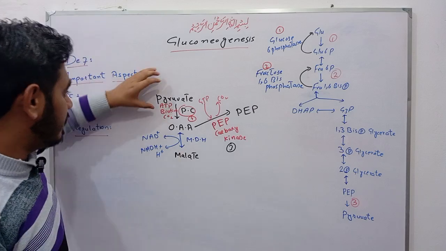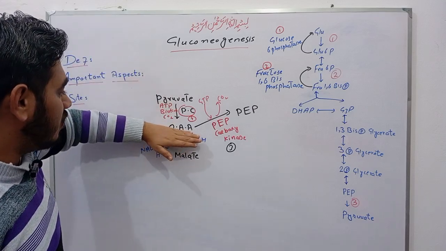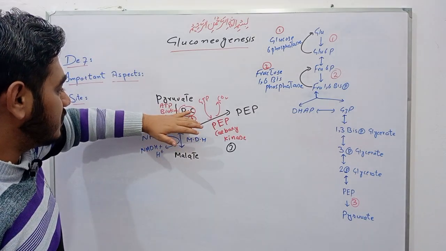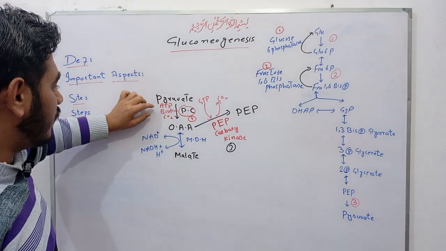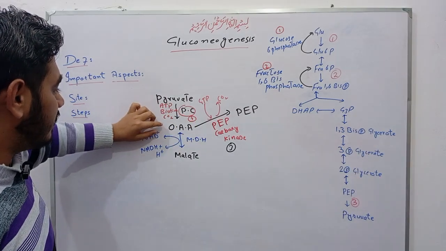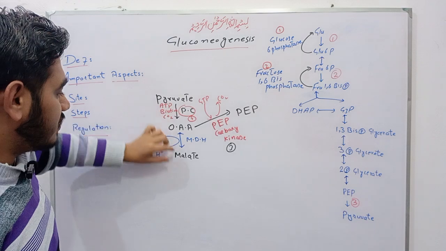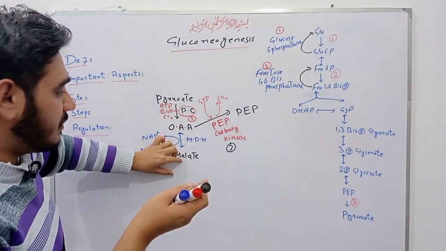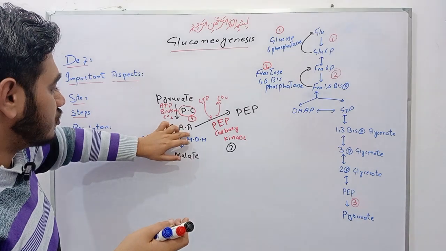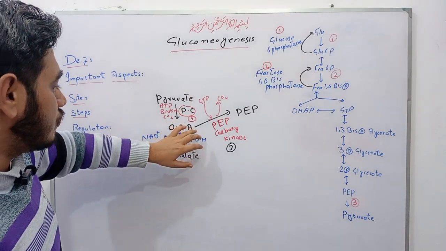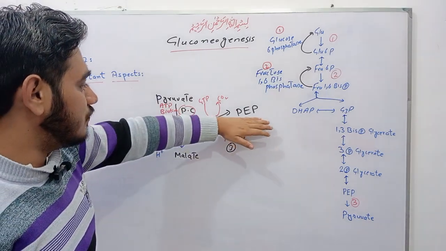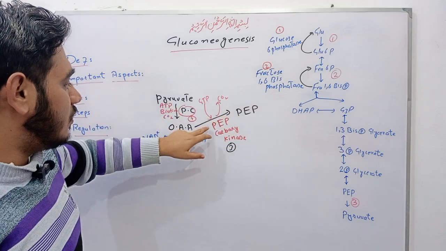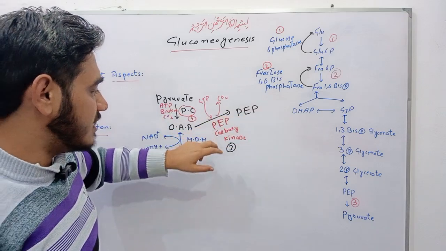I am repeating again, pyruvate converts into oxaloacetic acid with the help of this pyruvate carboxylase enzyme. It requires ATP, biotin, and carbon dioxide. This oxaloacetic acid first converts into malate, and malate easily crosses the mitochondrial membrane, and in the cytosol it converts into oxaloacetic acid, and in the cytosol oxaloacetic acid converts into phosphoenolpyruvate with the help of phosphoenolpyruvate carboxykinase enzyme.